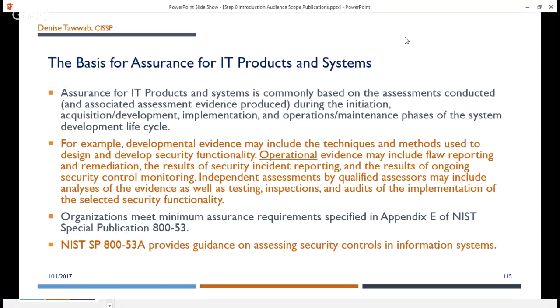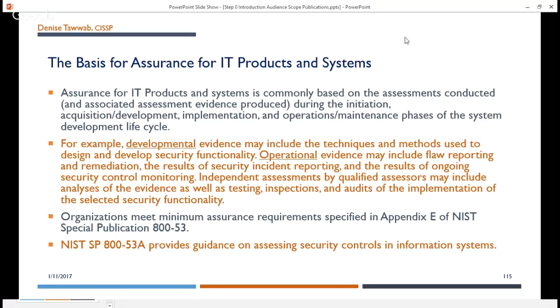Operational evidence may include flaw reporting and remediation, the results of security incident reporting, and the results of ongoing security control monitoring. Independent assessments by qualified assessors may include an analysis of the evidence as well as testing, inspections, and audits of the implementation of the selected security functionality.